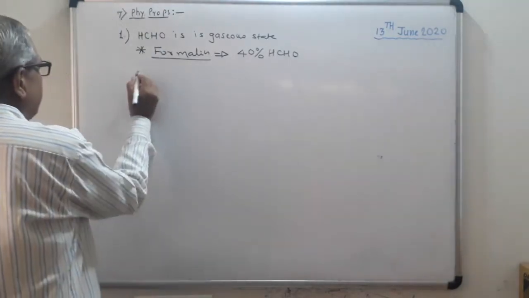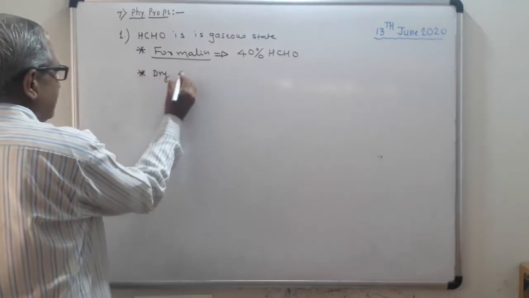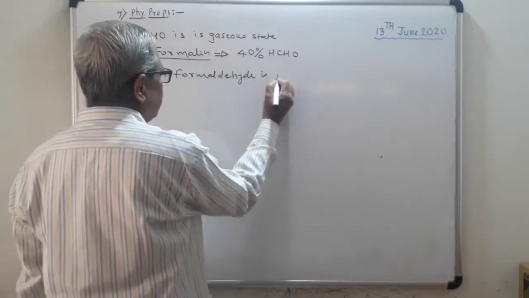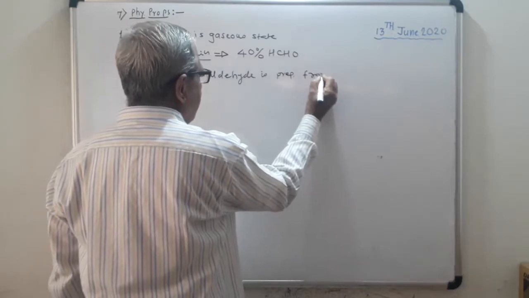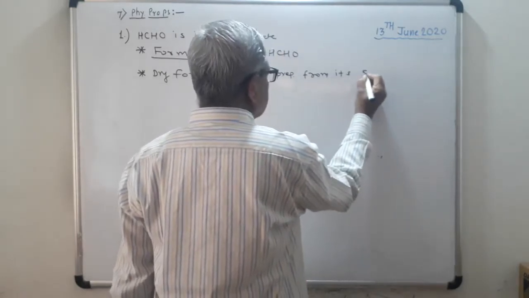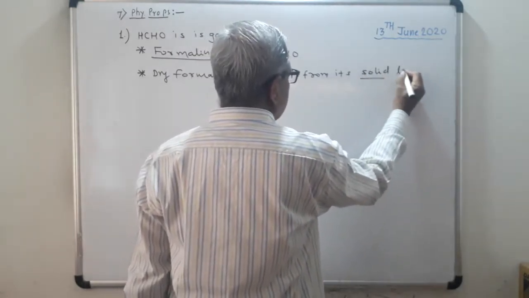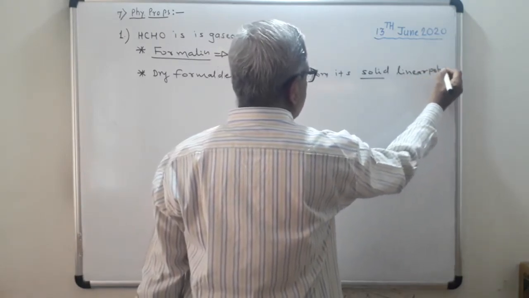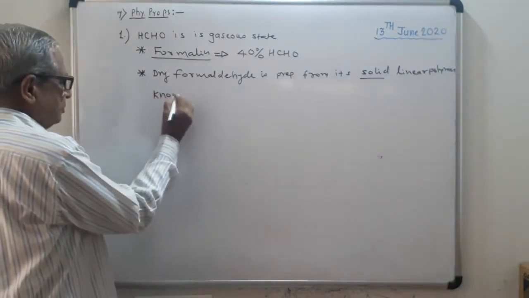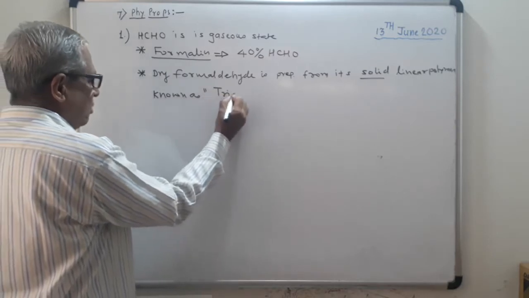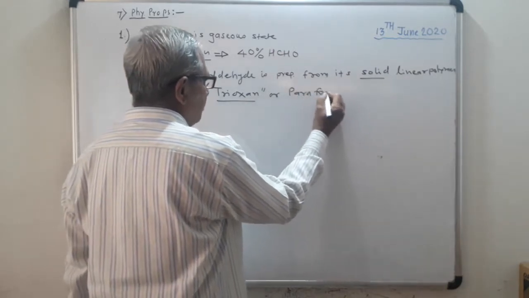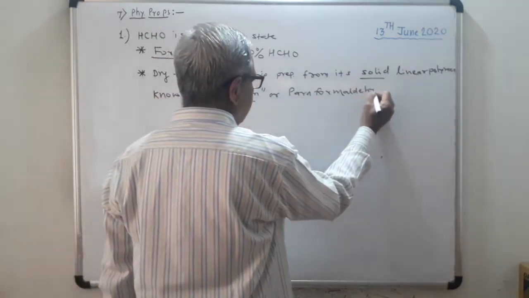Now, dry formaldehyde is prepared from its solid linear polymer, important term, linear polymer, known as trioxane or paraformaldehyde.